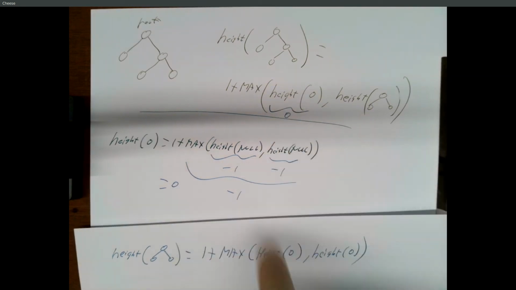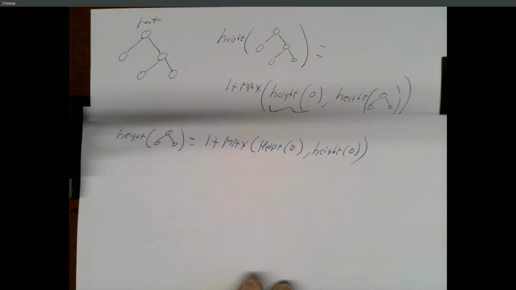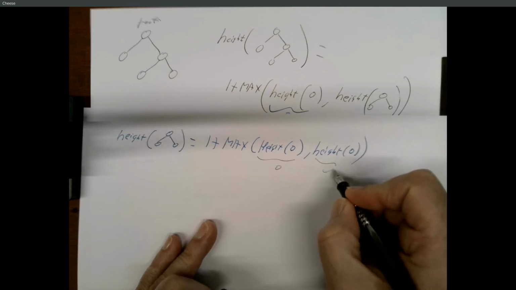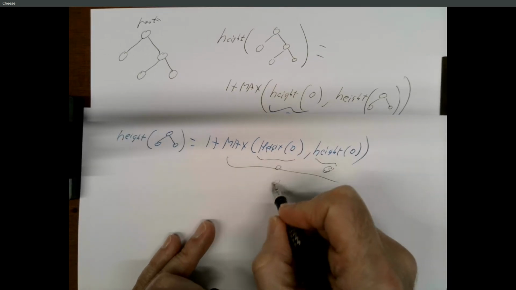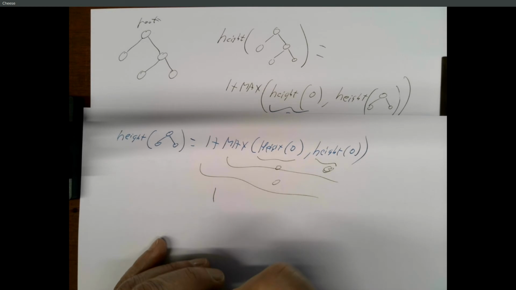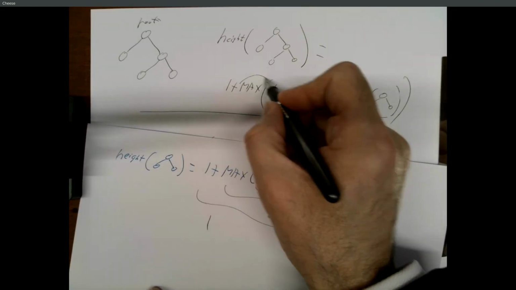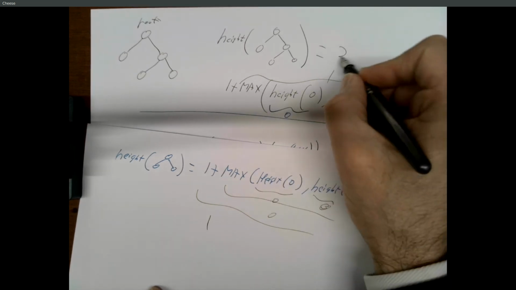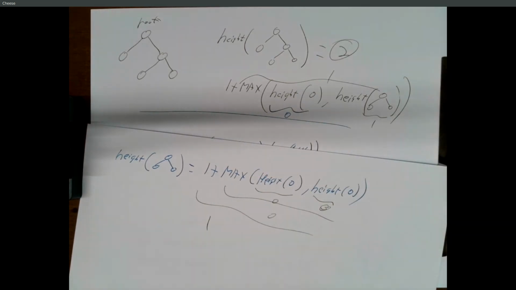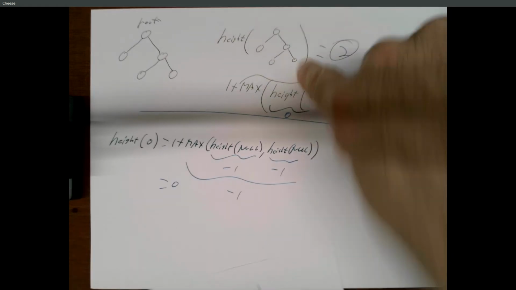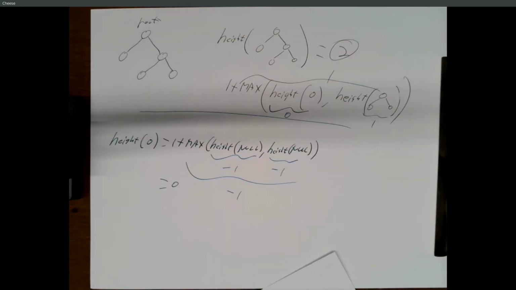We already know that's going to come back with a 0. So this is going to be a 0 and a 0. The max of those is a 0. 1 plus that is going to be 1. So the height of this tree will be 1. The max of those will be 1. 1 plus that will be a 2. So when I call height on this tree, it should come back with a 2. 1, 2. That's the distance to the deepest node.